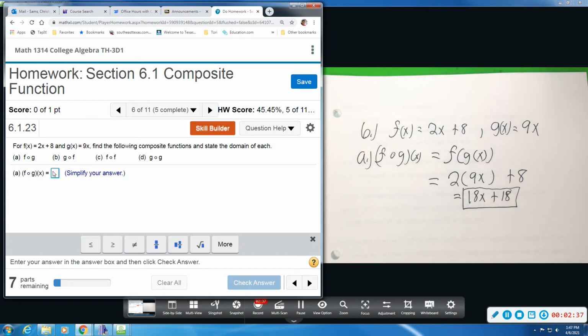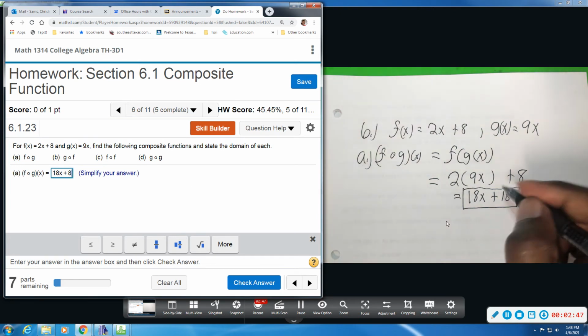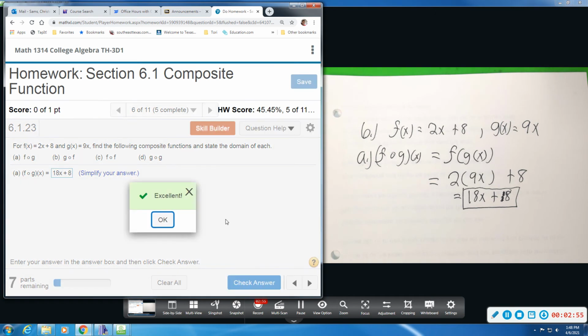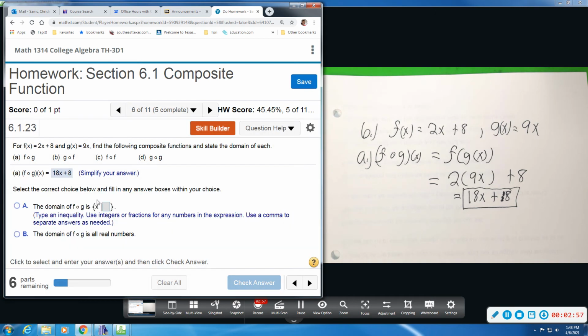So the function is 18x plus 8. I don't know why I wrote 18. It should just be an 8. 18x plus 8. And then our domain, we'll have no restrictions. So the domain of f composed of g of x is all real numbers. Option B.